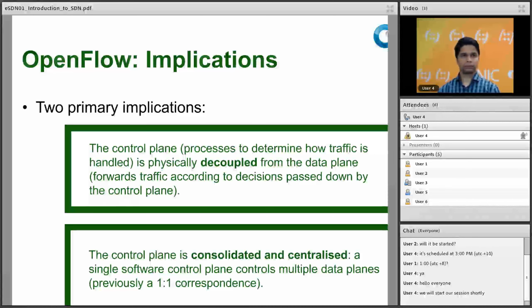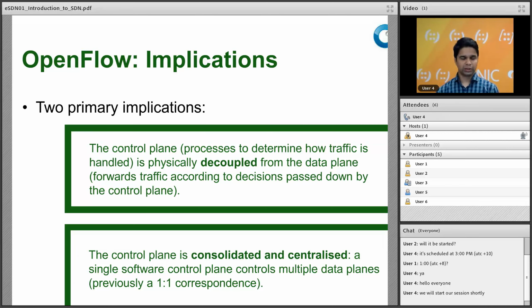Before moving forward, let's look at the implications of OpenFlow. For the discussion we had so far, from the perspective of OpenFlow, there are two primary implications for network architecture.